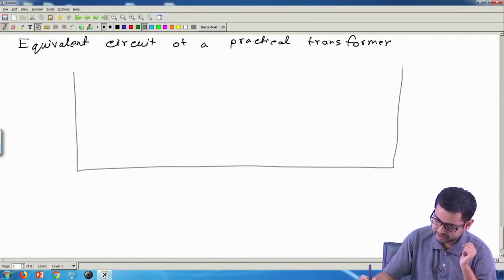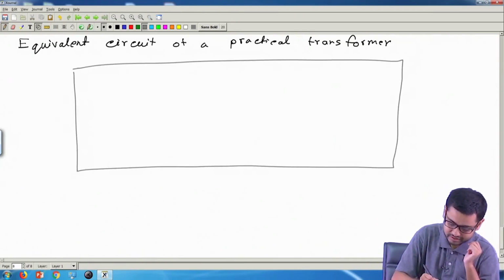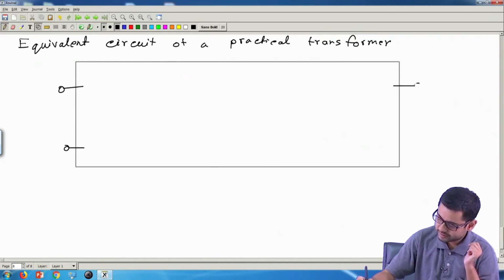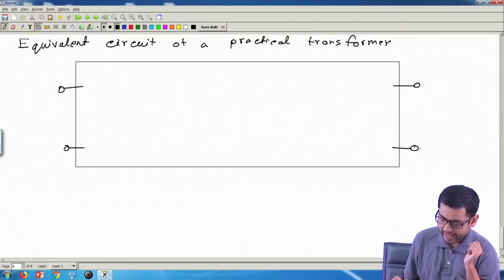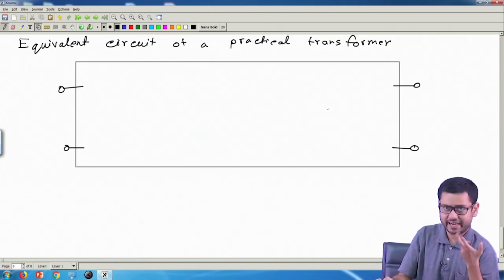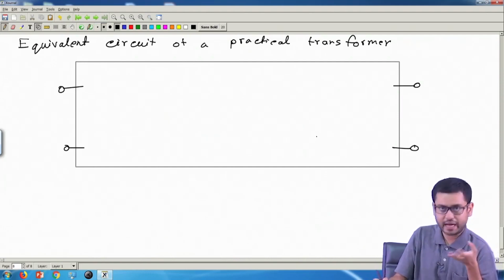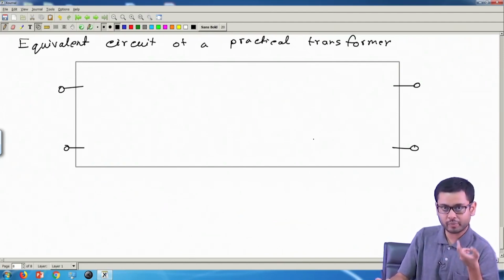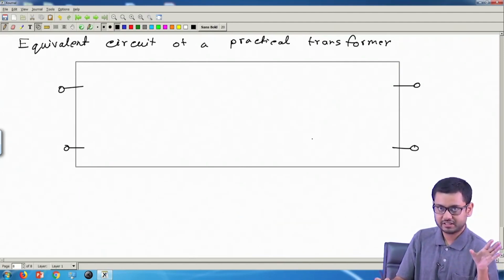It will have two ports, of course, and there will be something inside the circuit. Whatever it is, it can be a very complicated circuit, it can be a very easy circuit, it can be a transformer itself, it can be something else, it can be even an electronic circuit, anything.